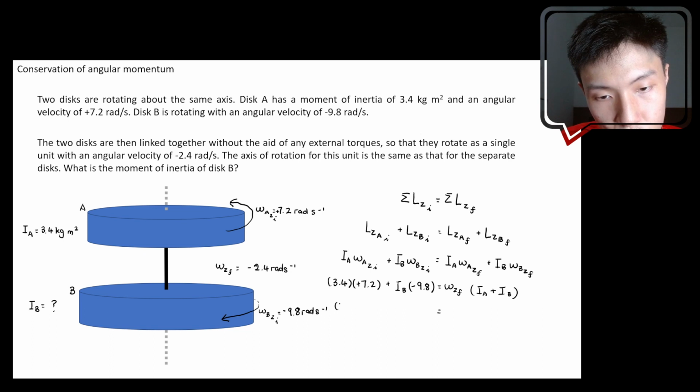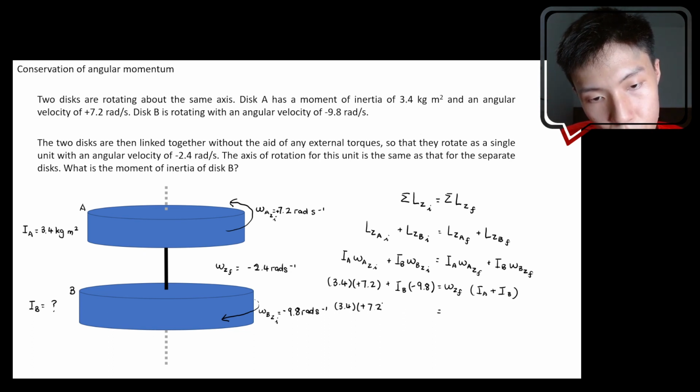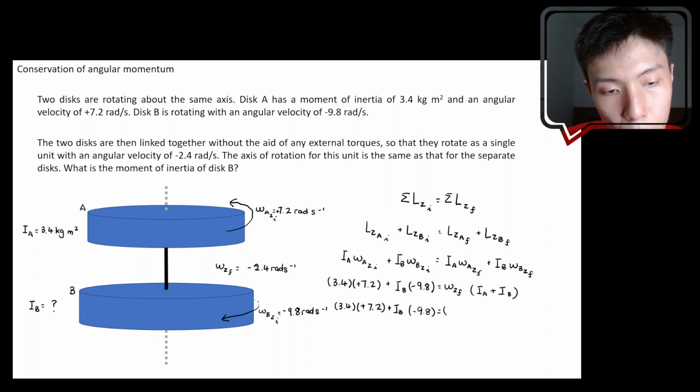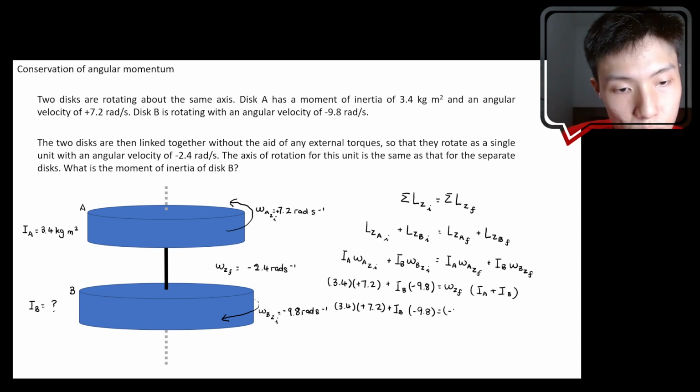So this will be 3.4 times plus 7.2, plus IB times negative 9.8. Your final common angular velocity is negative 2.4.